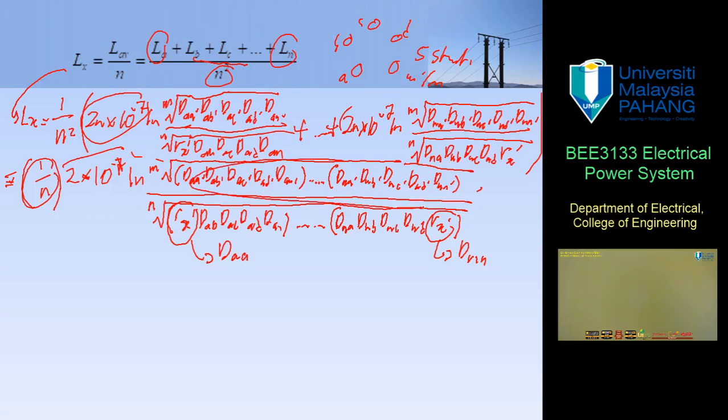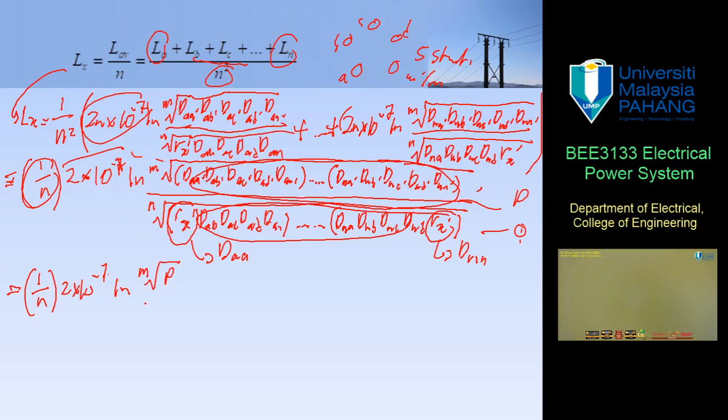Say this part I just put P, and this part I just put Q. By replacing this, N multiplied with 10 to minus 7 ln now comes as MP over Q. So let's do this exercise to remember what we have learned several years before.